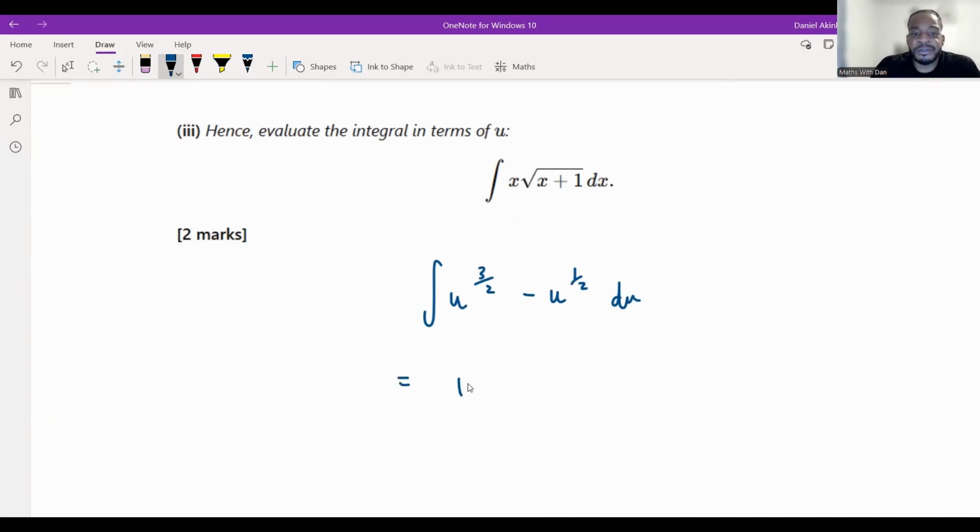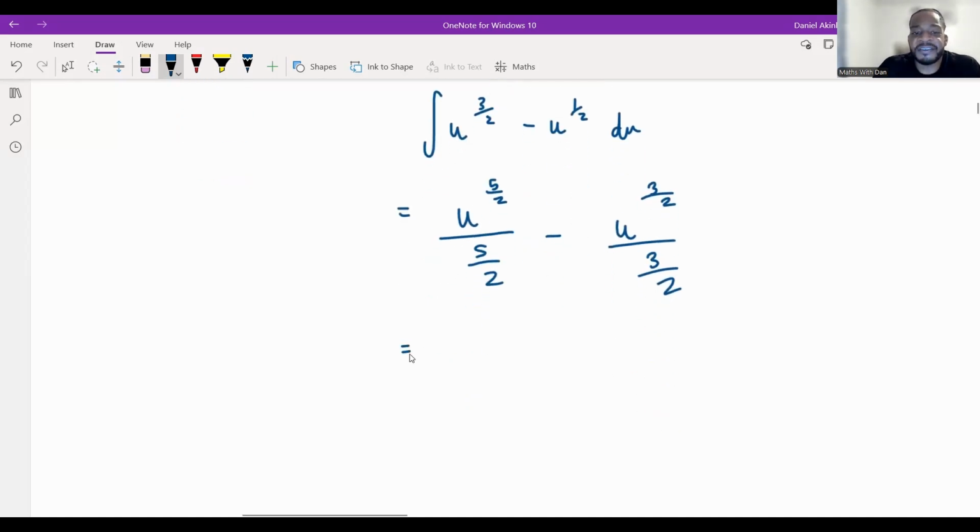So it becomes u to the, if I add 1 to 3/2, it'll be 5/2. Divide by the new power, 5/2. Minus u to the, add 1 to the half, it's going to be 3/2, then over 3/2. And now we're dividing by a fraction, we can times by the reciprocal. So it becomes 2/5 u to the 5/2 minus 2/3 u to the 3/2.